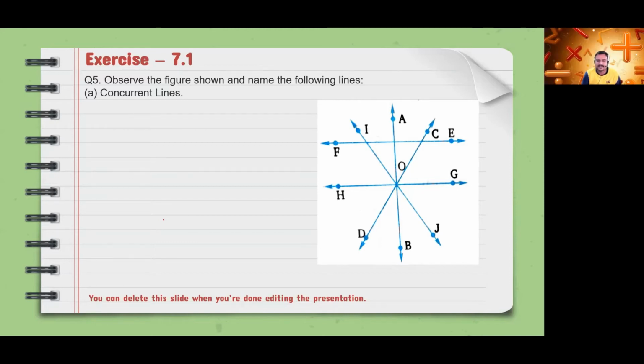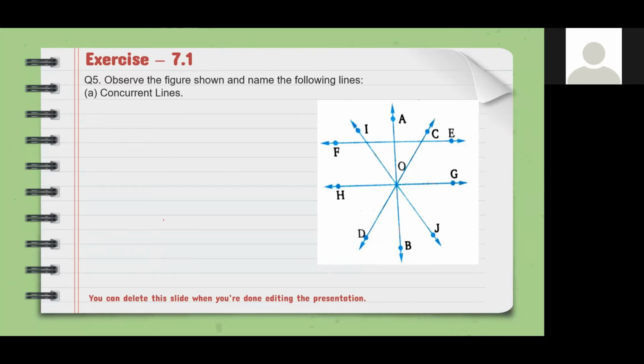Now tell me the concurrent lines. First of all, tell me the definition of concurrent lines. We have seen it in our first class. Can you tell me? No, sir. Okay, fine. Vraj, speak.